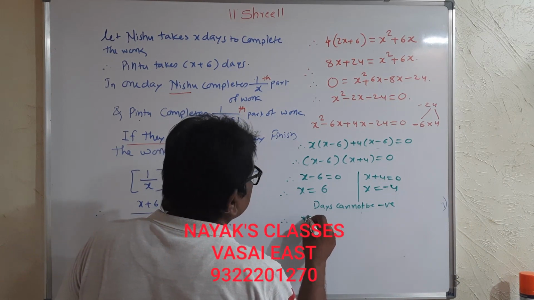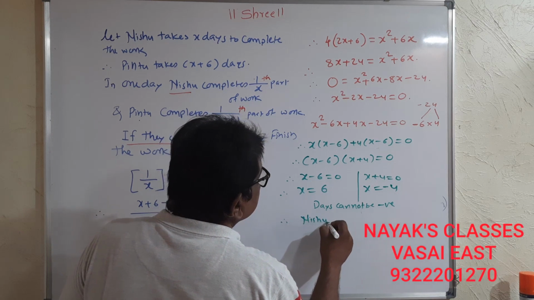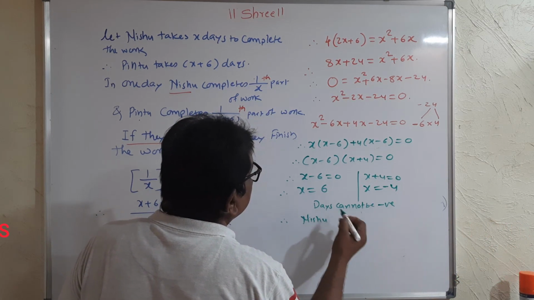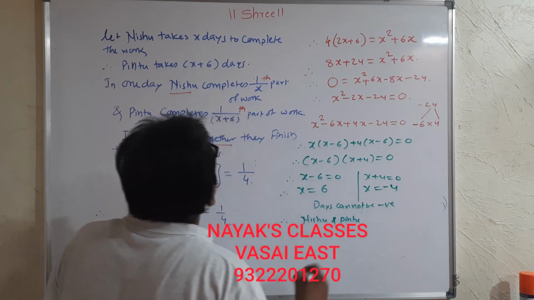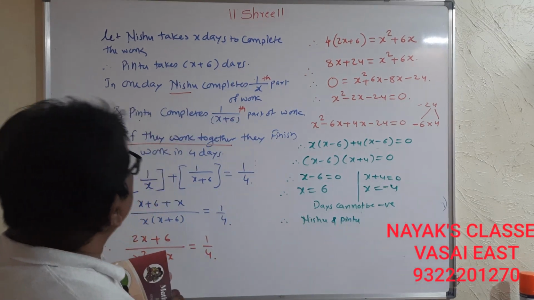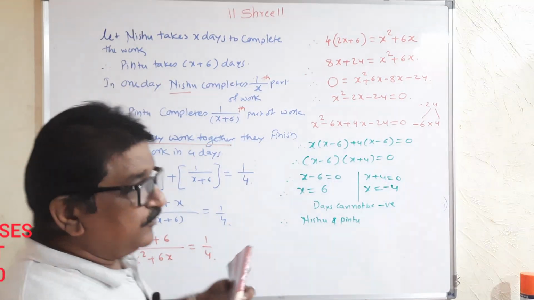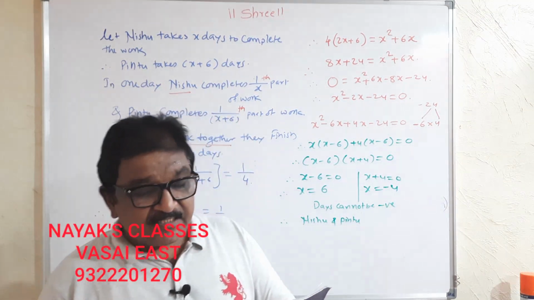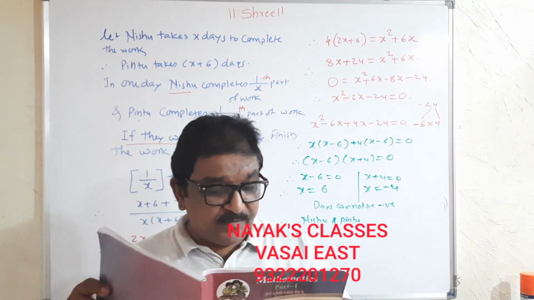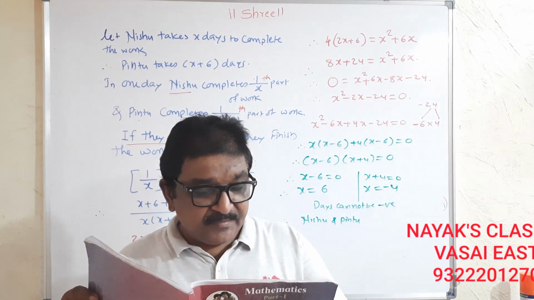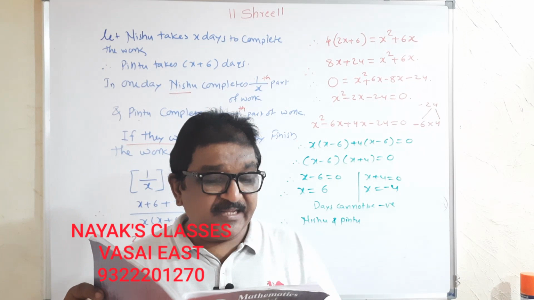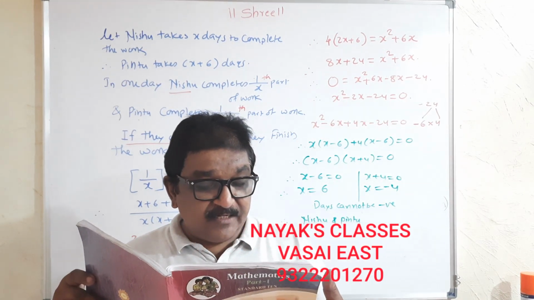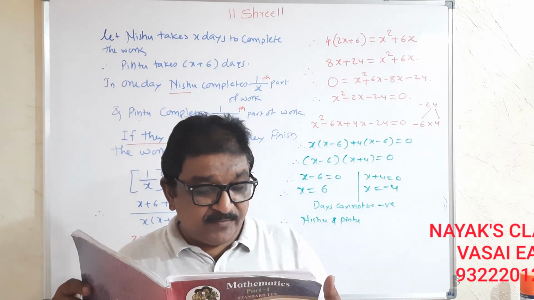Therefore, Nishu and Pintu will finish that in 6 days. This type of answer you may expect. But what they have asked is the number of days, which cannot be negative.